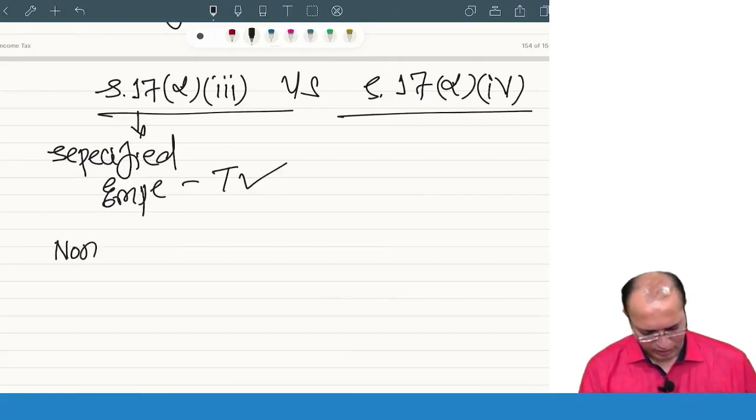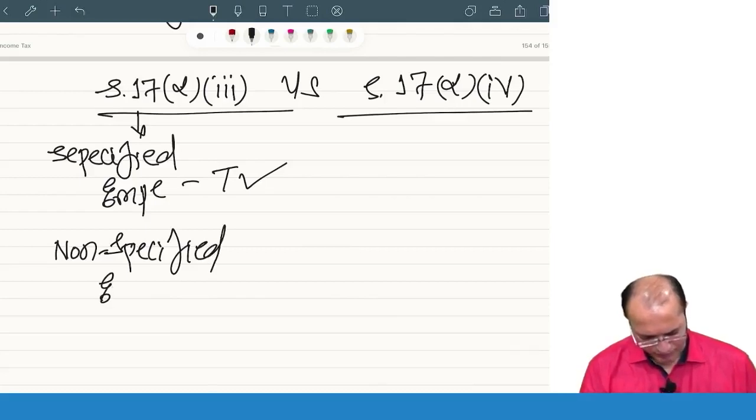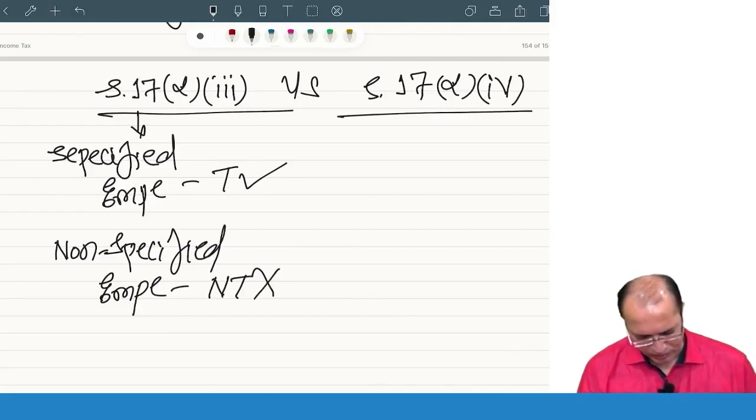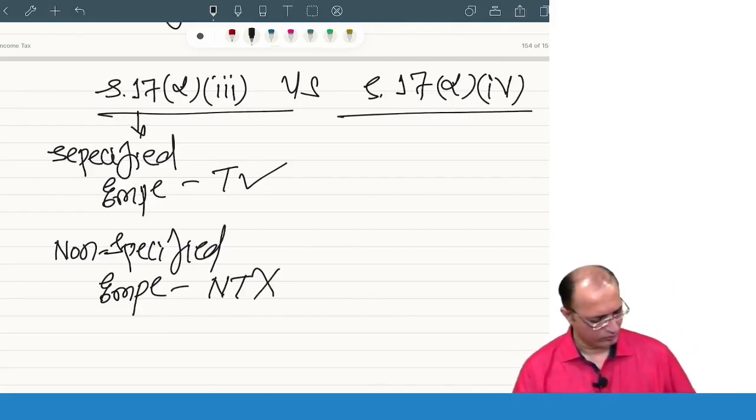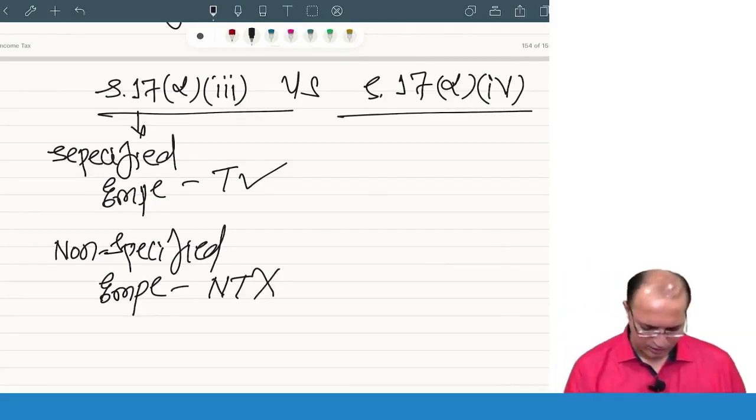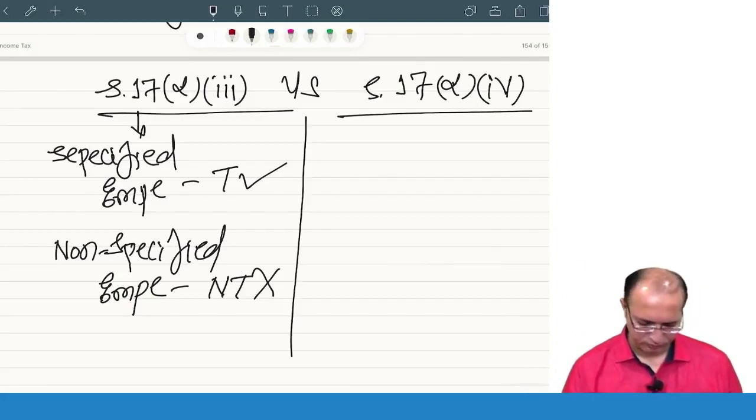On the other hand, if the employee is a non-specified employee, then that perquisite is not taxable.